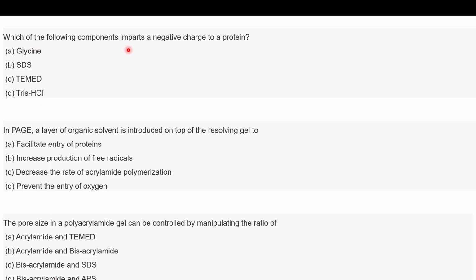Now, which of the following components imparts a negative charge to a protein? Yes, SDS. Now in PAGE, a layer of organic solvent is introduced on top of the resolving gel or stacking gel. It can be stacking gel also. So what is happening? I just talked about it a few slides back.